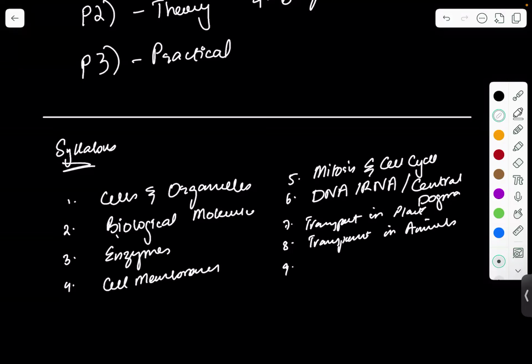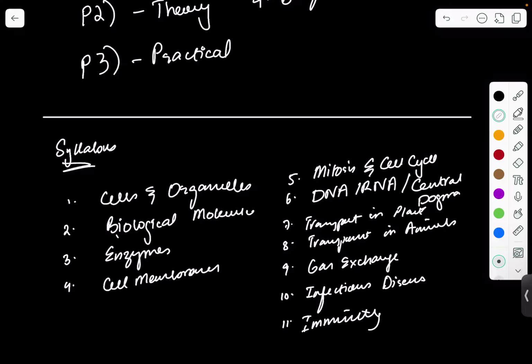Then you have gas exchange. So how do your lungs work? Gas exchange, and the heart. So that heart is in the transport in animals. Then you have what was number 10? I think it's infectious diseases. And then lastly, you have immunity.